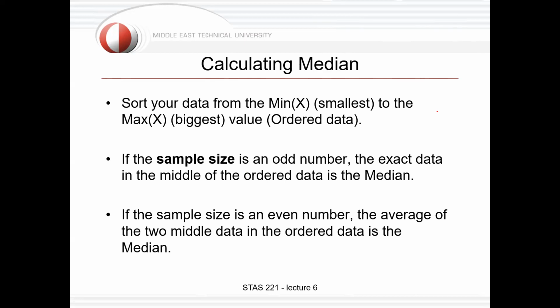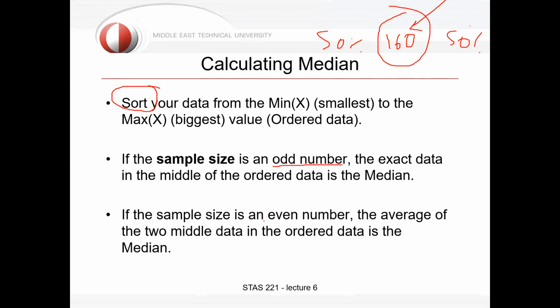So how do we calculate the median? We will practice it also in the tutorial, but to talk about it briefly, the first thing to do is sort our data. For finding the mean, it doesn't matter if you order your data or not. But for finding the median it is important, because you want to find the value such that 50% of the data is smaller than it and 50% is bigger. Whenever the sample size is an odd number, the median happens to be exactly in the middle, and it's very easy to calculate.